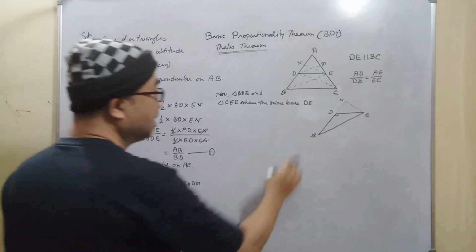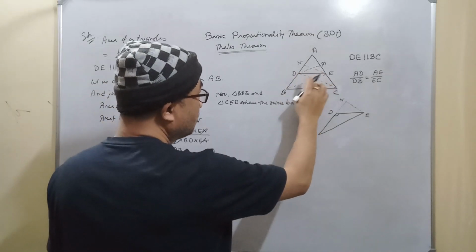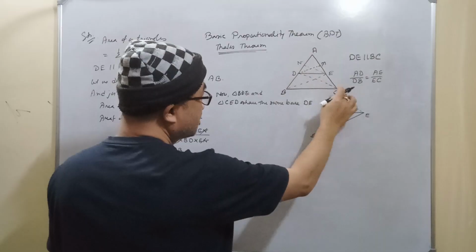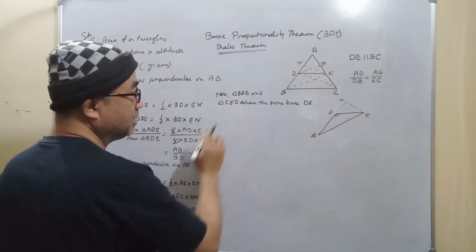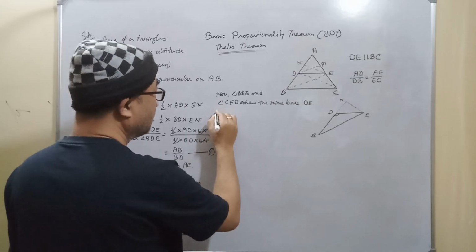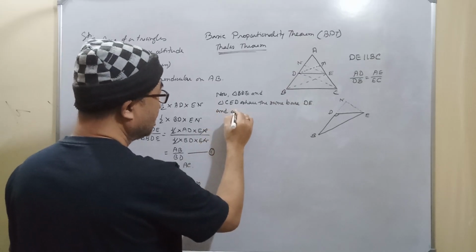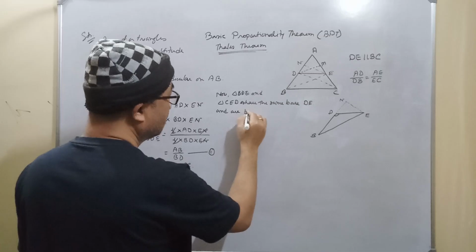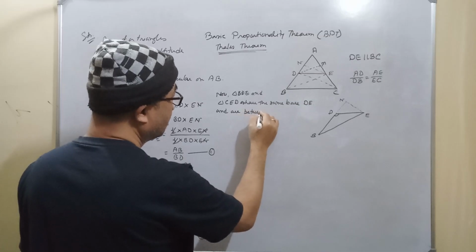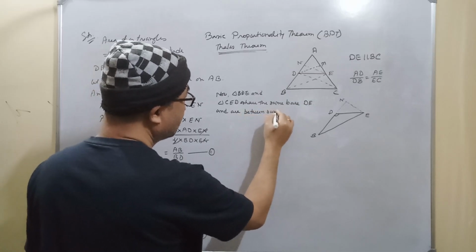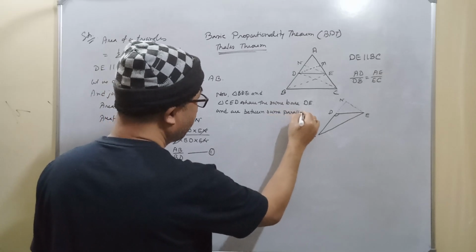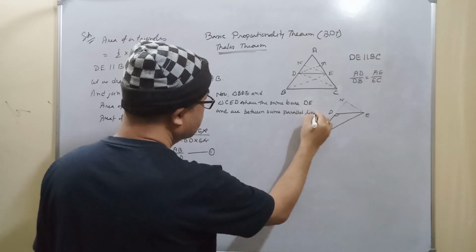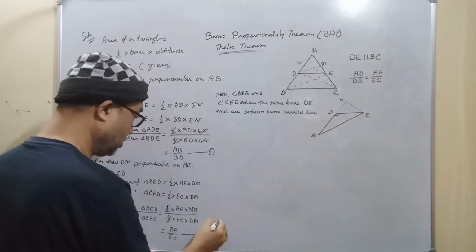If you take DE as the base, then it will be the common base of this triangle and this triangle, BDE and CED, and they are between the same parallel lines.